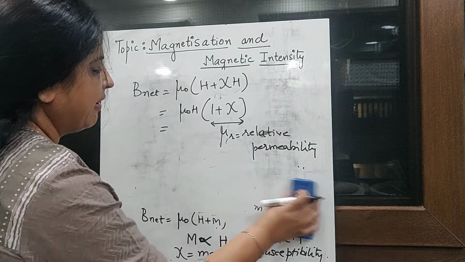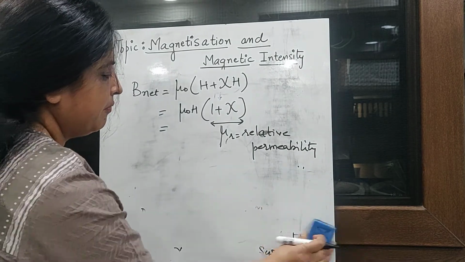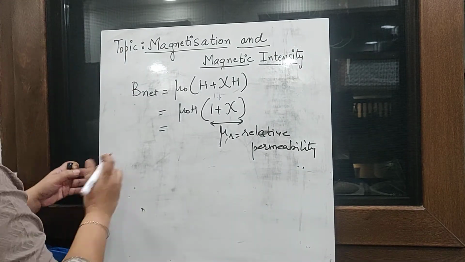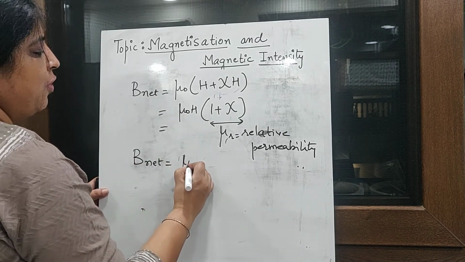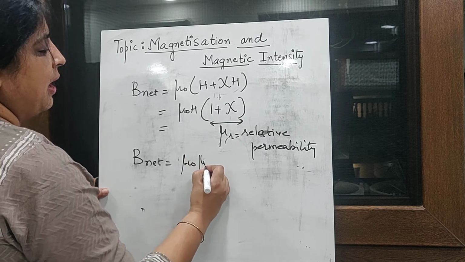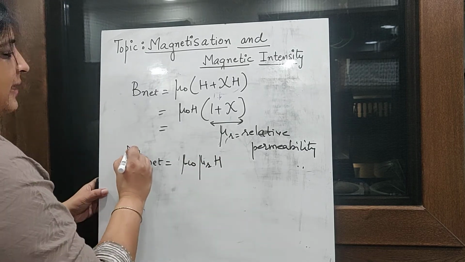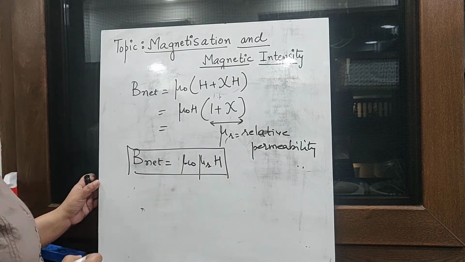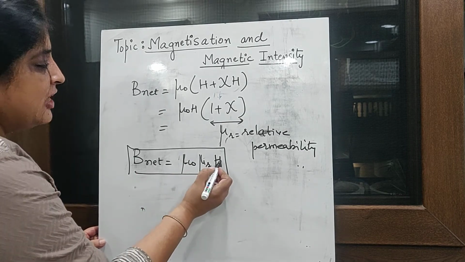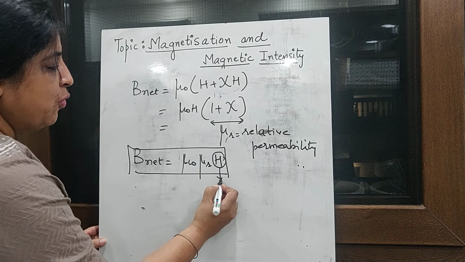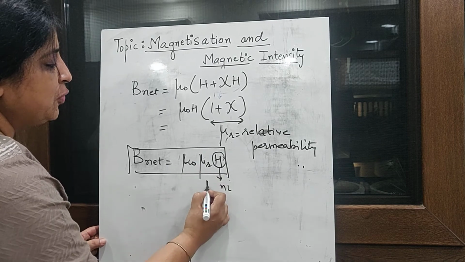We have our expression B net is equal to mu naught into mu R into H. So this is the final expression for B net. Initially H was N into I, and this was mu naught.